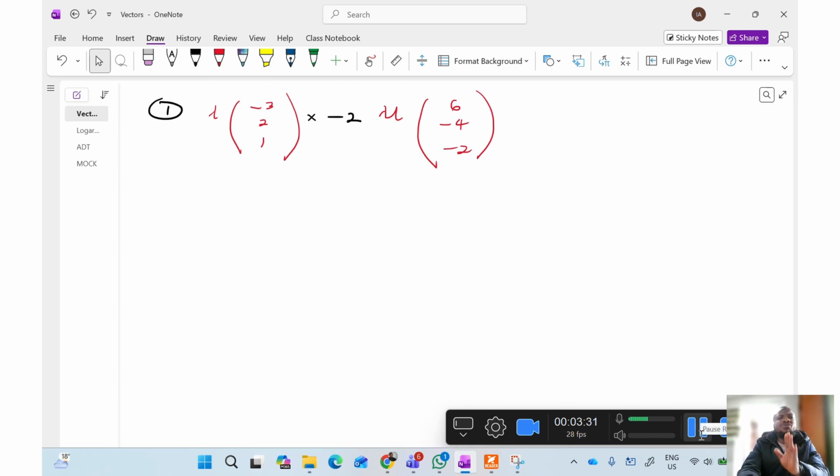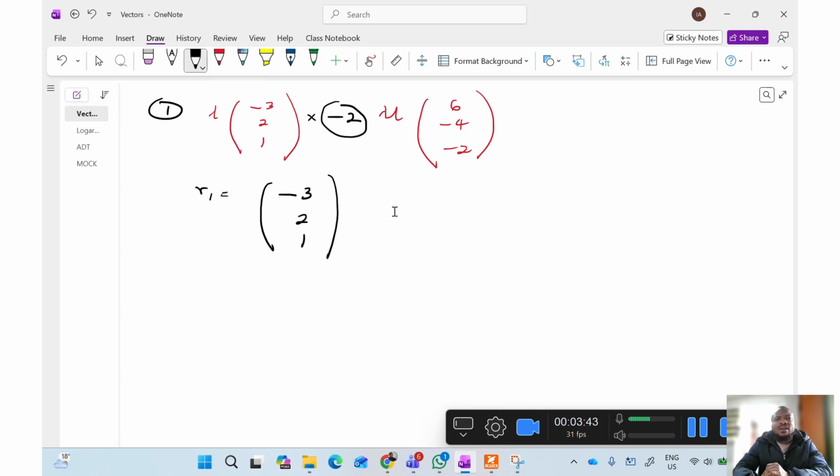So now, according to this, I've been able to find minus 2. That means the first line, r1, is in the direction of (-3, 2, 1), while the second line has a multiplier of minus 2 times (-3, 2, 1). Is this understood? Because minus 3 times minus 2 gives 6, minus 2 times 2 gives minus 4, and minus 2 times 1 gives minus 2.